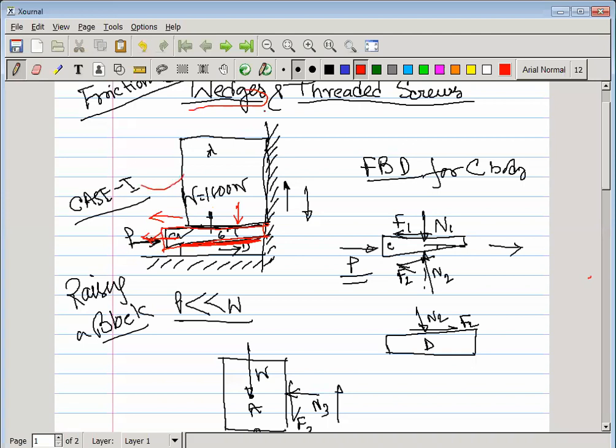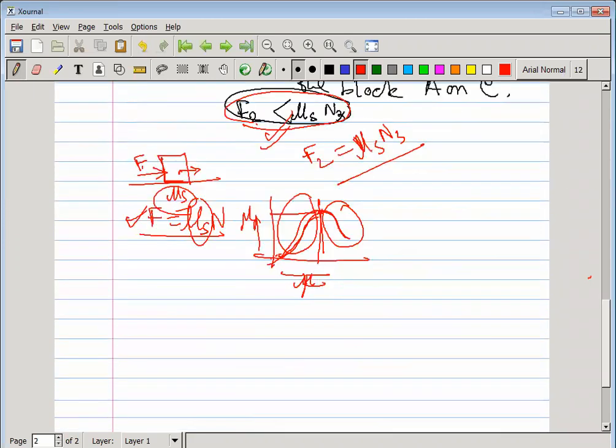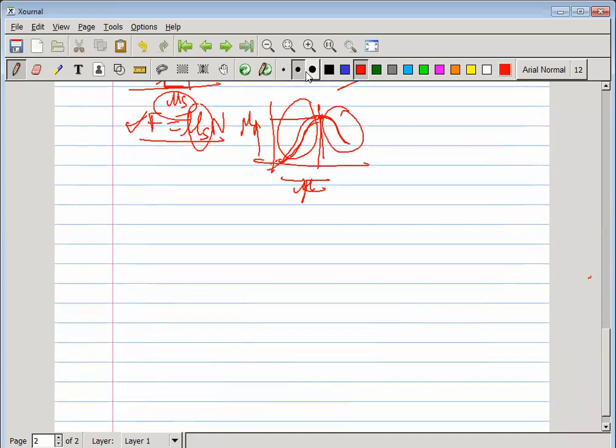Now I have written one, the wedges part. Another one is the threaded screw. Okay, first let me draw.